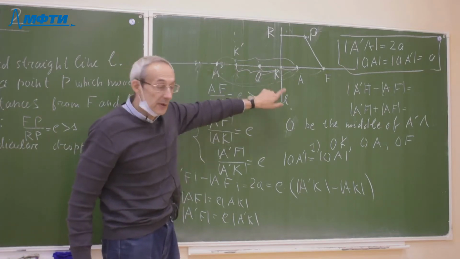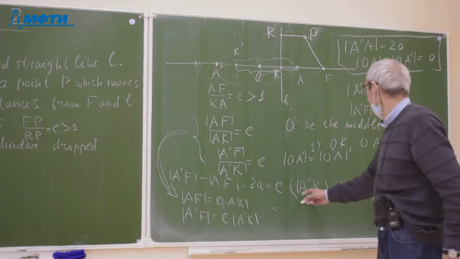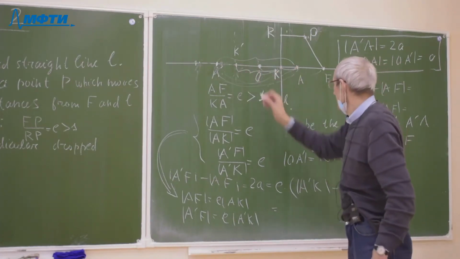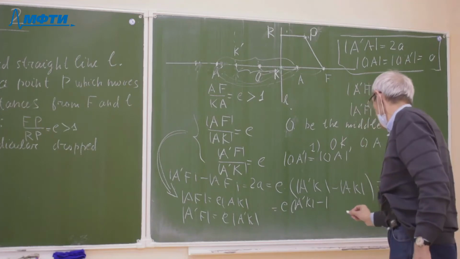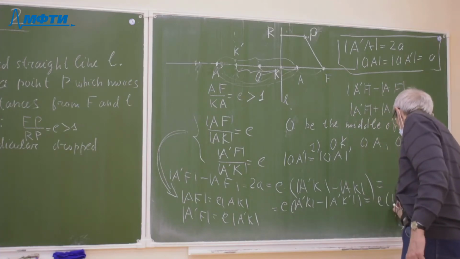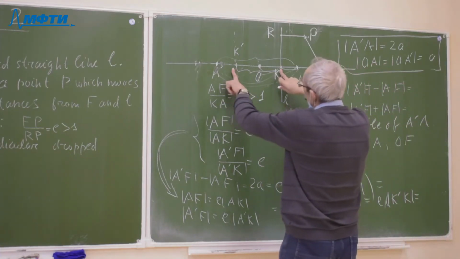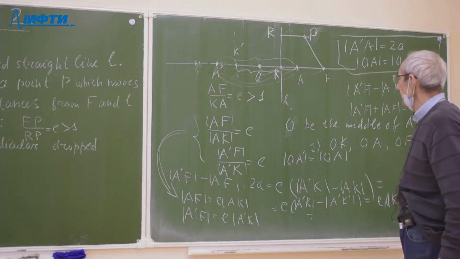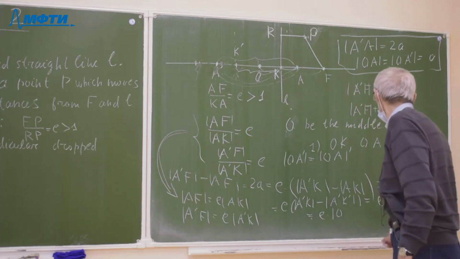Do you understand this reasoning? A prime K minus AK is equal to A prime K prime and equal to K prime K, and this distance is twice OK.